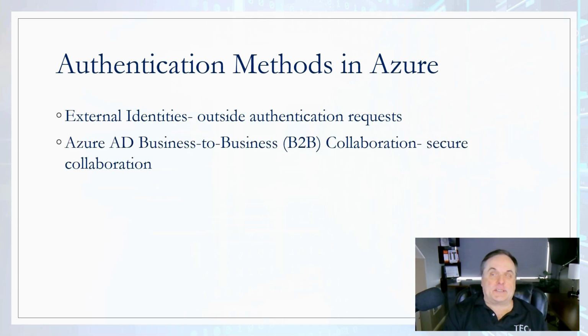Azure business-to-business collaboration is going to enable secure collaboration and resource sharing between your organization and those external identities. That could include partners, vendors, or suppliers. External users sign in using their existing work, social, or Microsoft accounts.